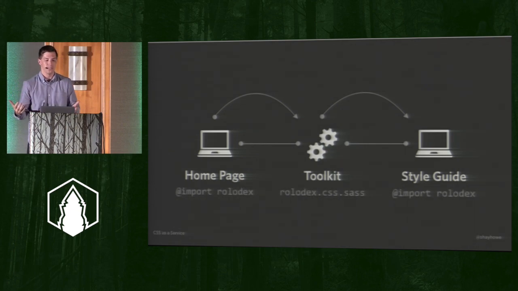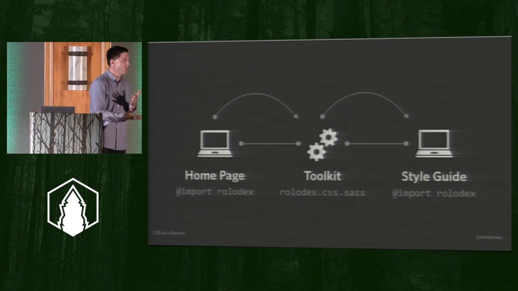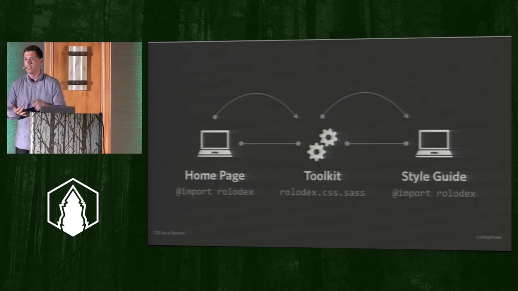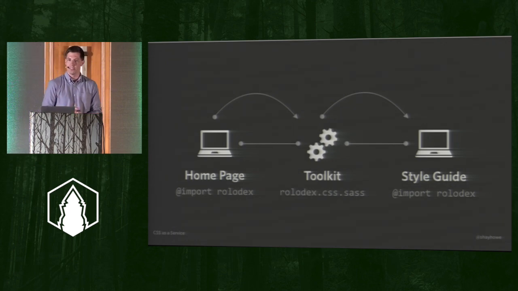Those shared styles live inside that toolkit. And our toolkit right now is packaged up a handful of different ways. You can pull it in as a Ruby gem or a Bower package, or a handful of other ways, all depending on what your actual environment is and how you're trying to grab those styles. And here you can see those applications can then pull in those source files. They have access to the CSS, the JavaScript, and those shared assets, specifically down to those actual source files.